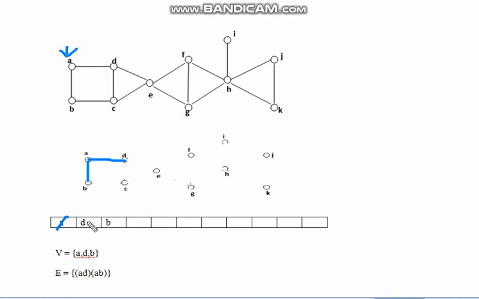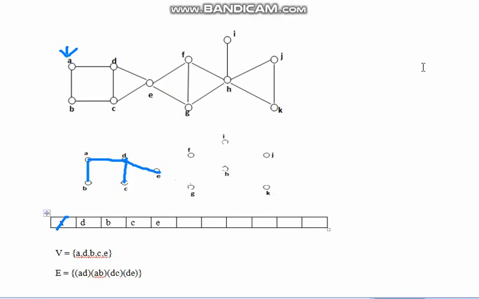Then D: from D I have D to C and D to E, hence D to C, D to E. So when we travel from D, I visited C and E vertices. Then I add C, E, and the edges are DC, DE.